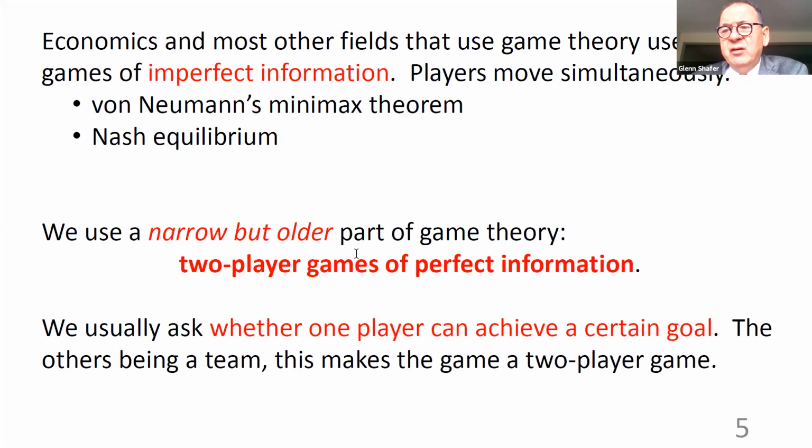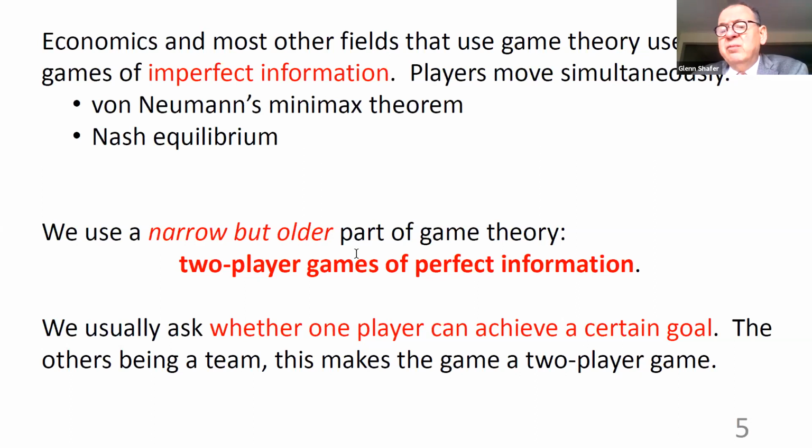That's what most of game theory has been about since the work of von Neumann and Morgenstern. Von Neumann's minimax theorem, proven in the 1920s, and then his book with Morgenstern, published in 1944. And then after that, the idea of Nash equilibrium became popular, and game theory became very popular in economics.